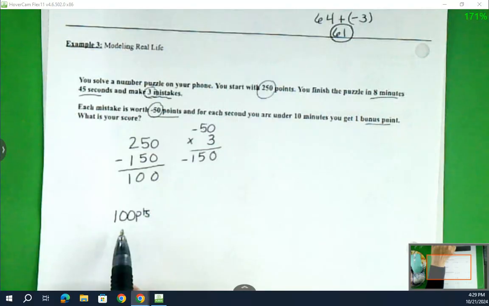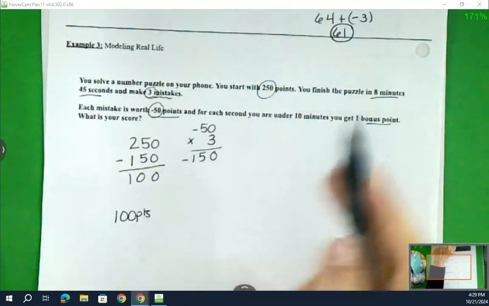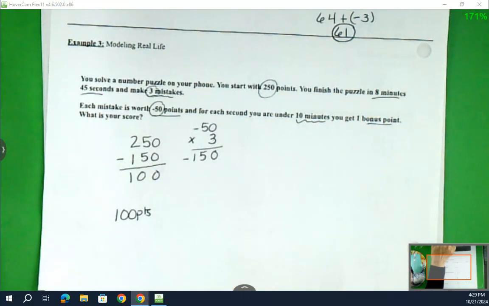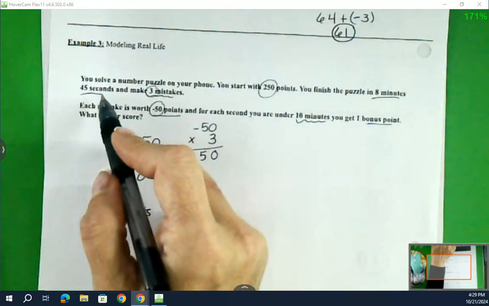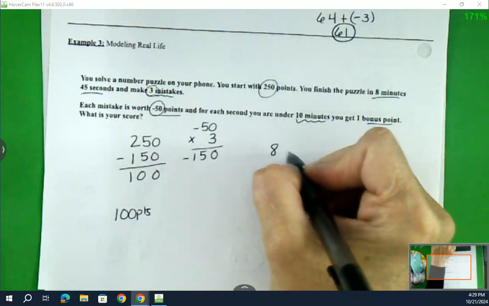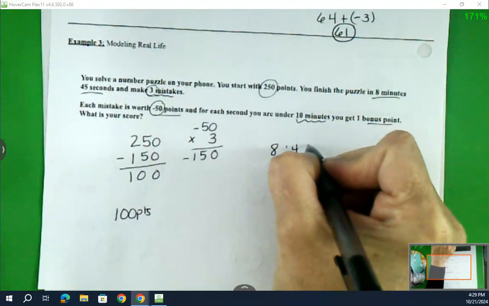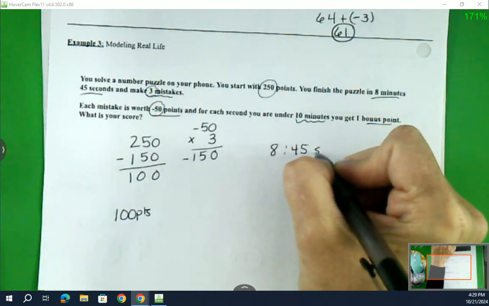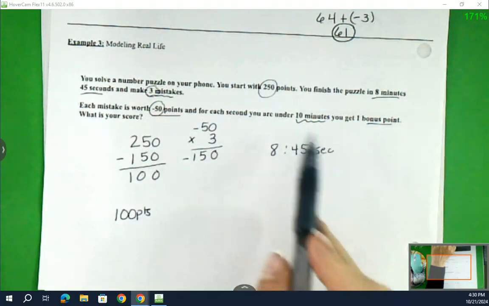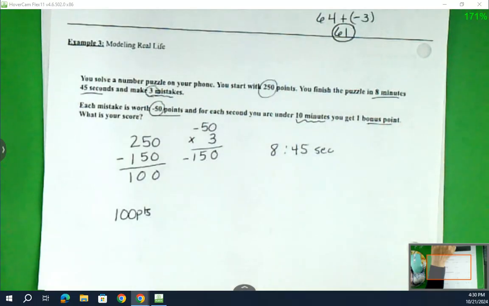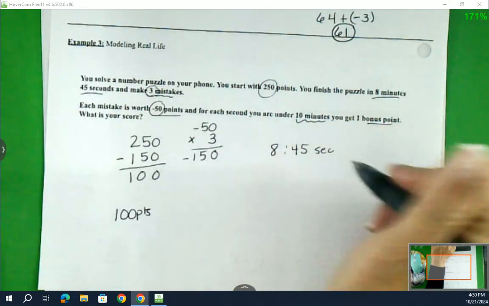All right, but we also get for every second we are under 10 minutes, we get 1 bonus point. So we have 8 minutes, 45 seconds. Okay, and basically it's under the 10 minutes. So it's for all the seconds under 10 minutes.